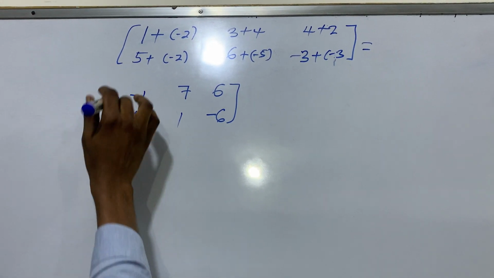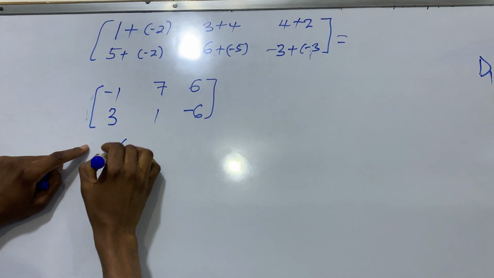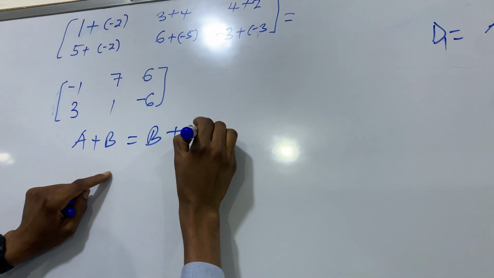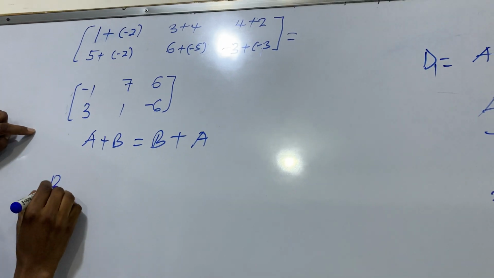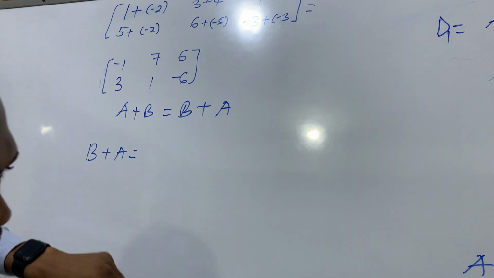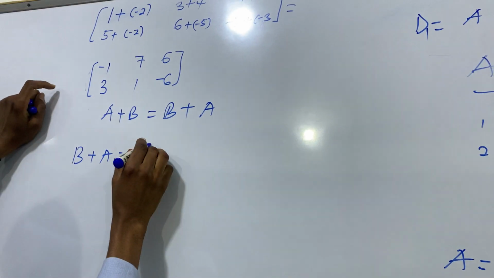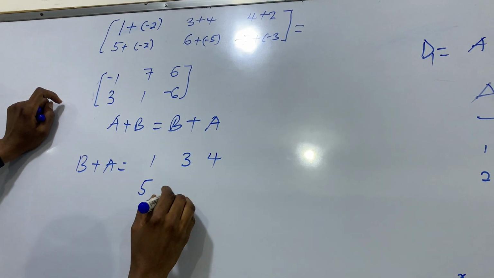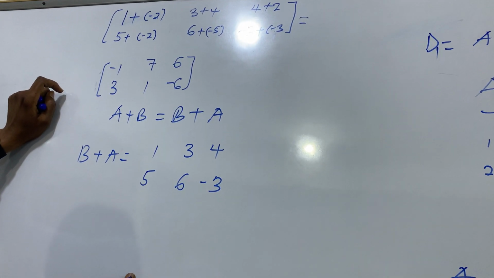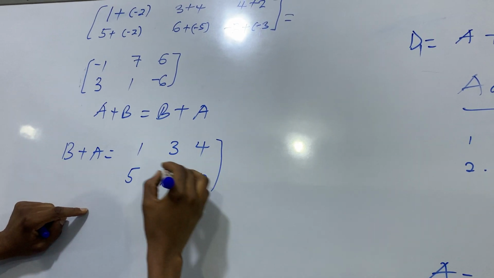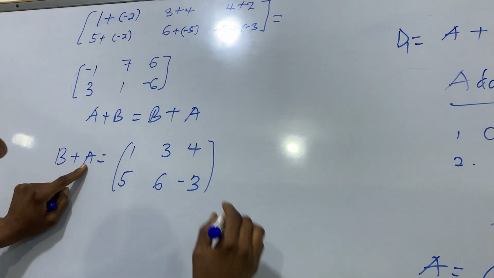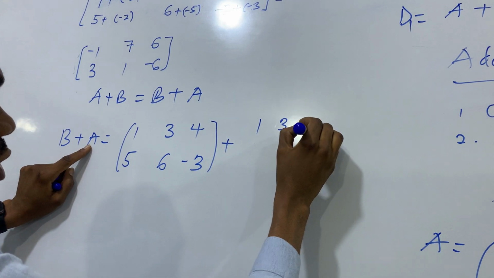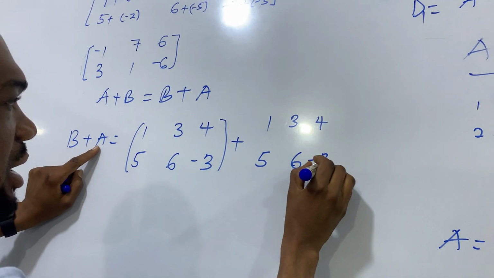So this result stands in for A plus B. Now let's see whether A plus B will be equal to B plus A. So let's pick B plus A. B plus A will be equal to the matrix down here, which is 1, 5, 3, 4, 6, minus 3, plus our A, which is 1, 3, 4, 5, 6, minus 3.